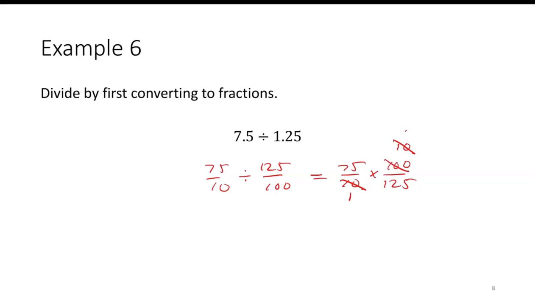I can divide by 5 and divide by 5. So it looks like this becomes 75 times 2 is 150/25. Oh, you can actually go even better. 25 goes into 75 3 times, and so this just becomes 3 times 2, or 6.